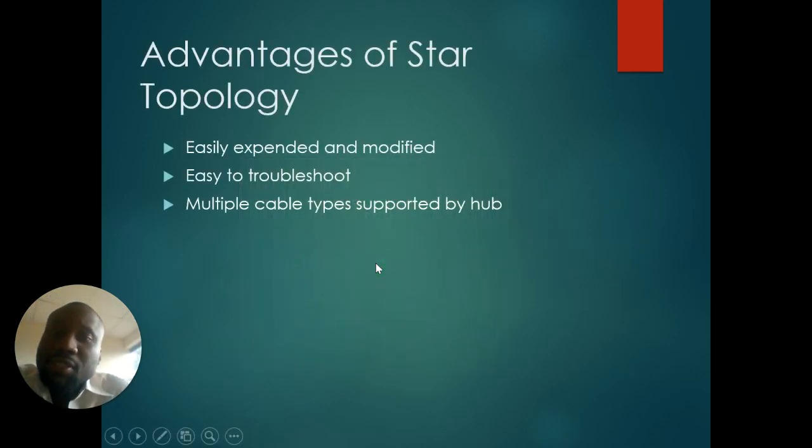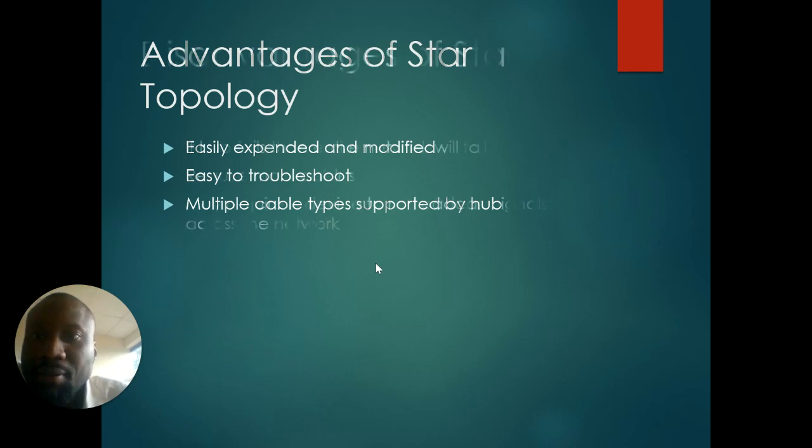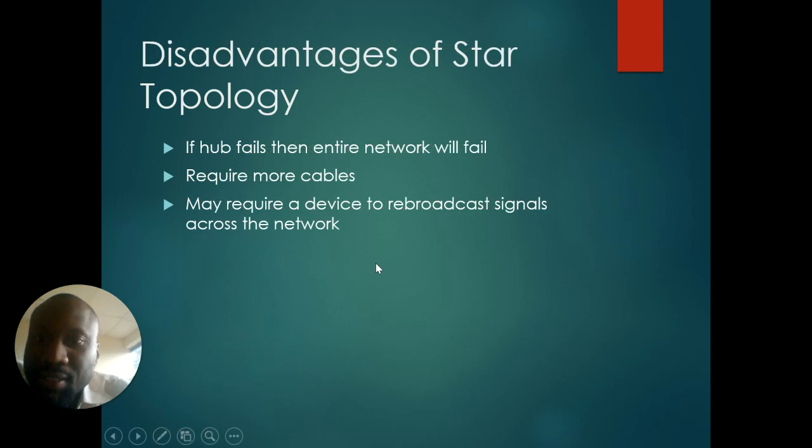Advantages of star topology: easily expanded and modified, easy to troubleshoot, multiple cable types supported by hub. Disadvantages: if the hub fails, then the entire network will fail because it is the central connection point. Requires more cables. May require a device to rebroadcast signals across the network.